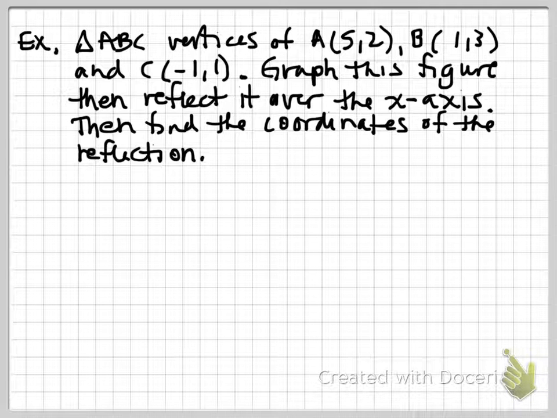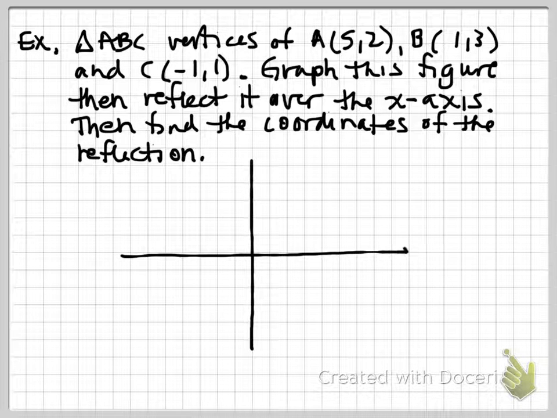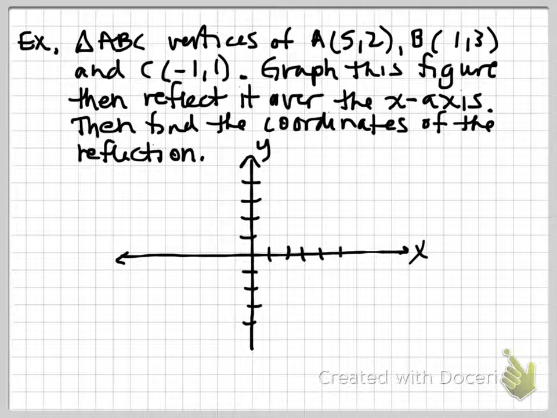So let's see, I need to go 5, 3, okay. Let's do this up here. So we have X, we have Y, 1, 2, 3, 4, 1, 2, 3, 4, 1, 2, 3, 4, 5.